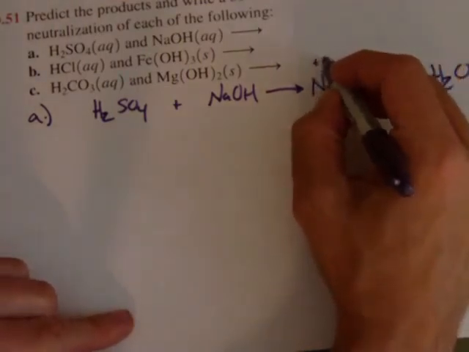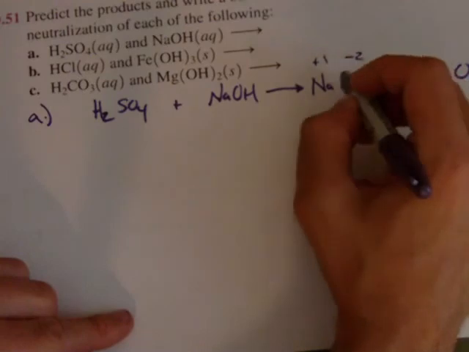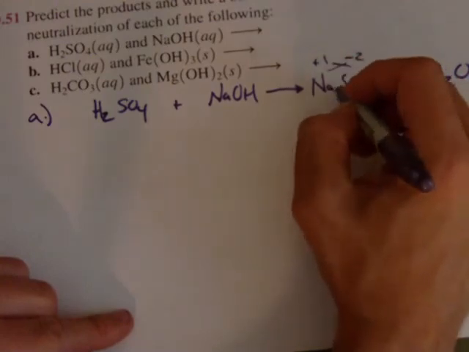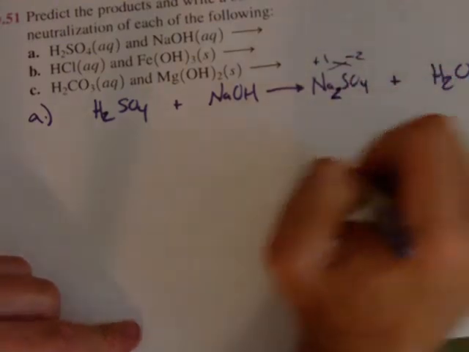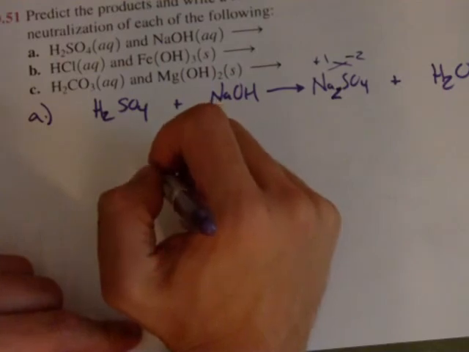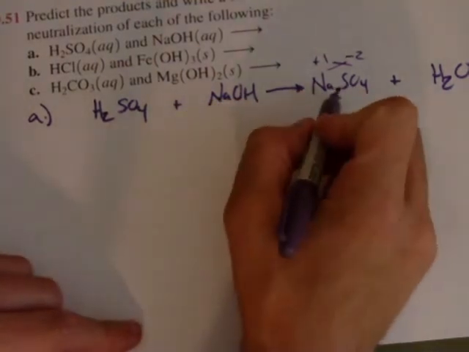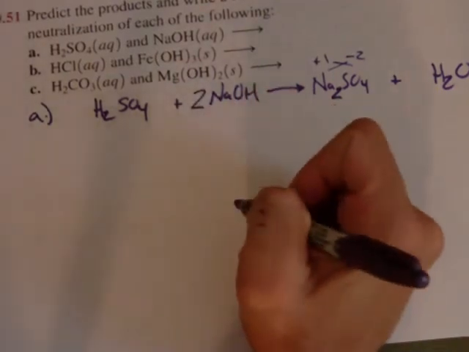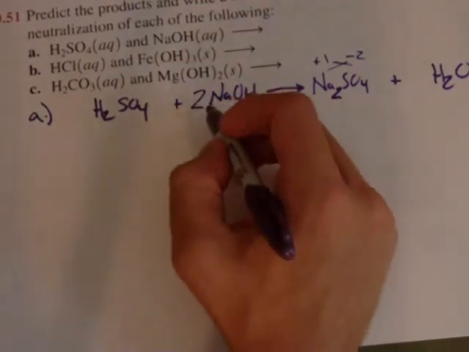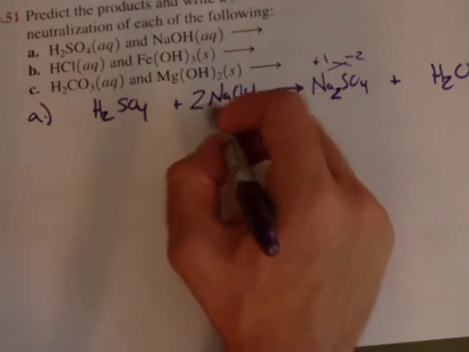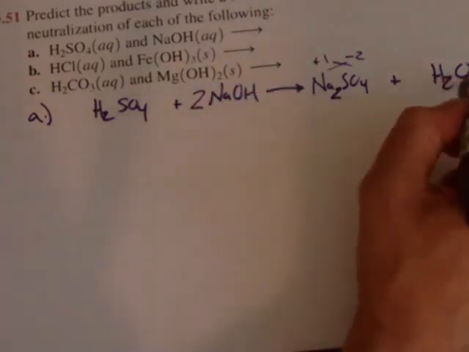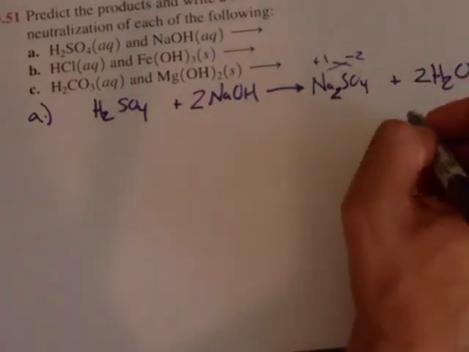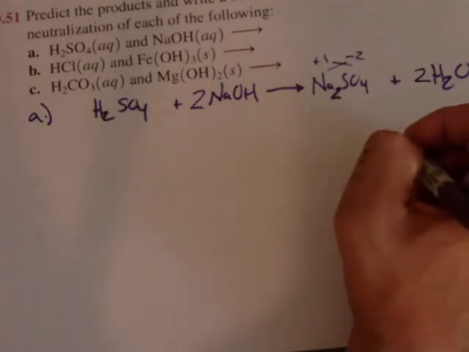Sodium is a +1, sulfate's -2, so crisscross. So Na2SO4. And so here we have 2 sodiums. Here we only have 1, so put a 2 there. Here we would have 2 oxygens. Here we only have 1, so we'll put a 2 there. And that should balance us out.